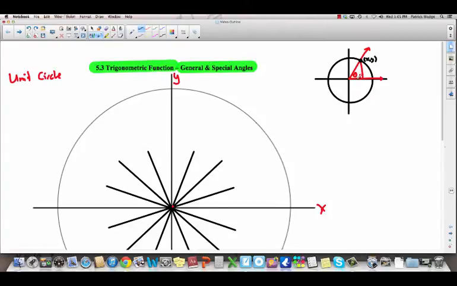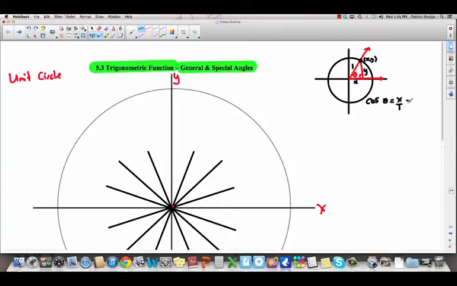If that point's xy, then what's this distance from here to here? That's x. What's this distance from here to here? That's y. What's this distance from here to here? Well, it's a unit circle, and that's a radius, so it's 1. Okay, what's the value of cosine theta? Cosine is adjacent, which is x, divided by hypotenuse, which is 1.